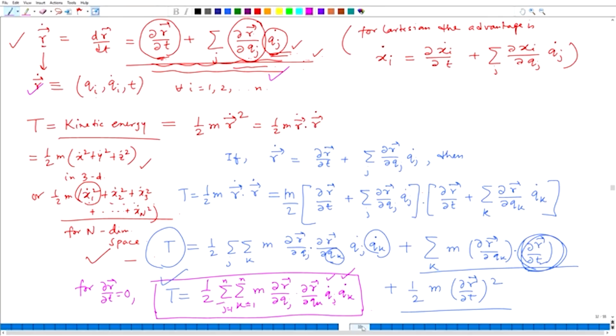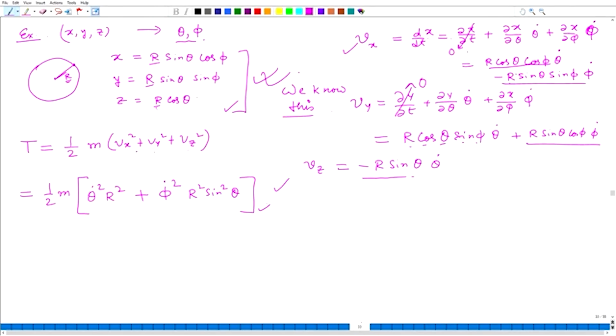Okay. Now, before just ending this lecture, I will just give you some tasks to do as usual, and I want you to try that. So, how to find the expression of r double dot in terms of q, q dot and t. Okay.